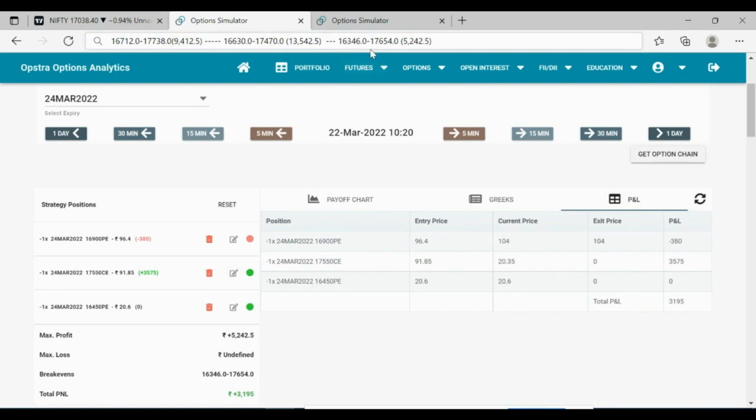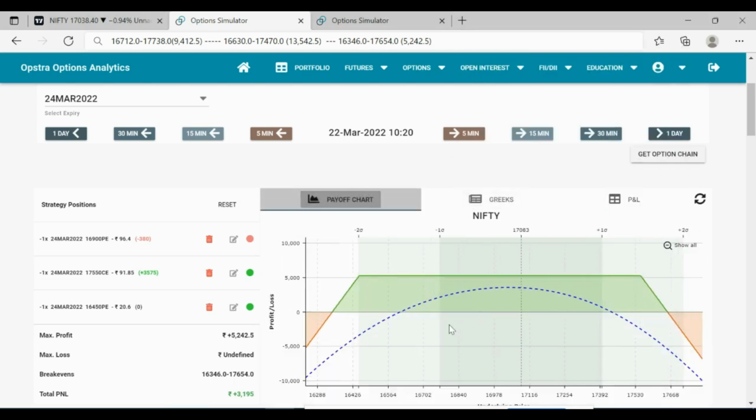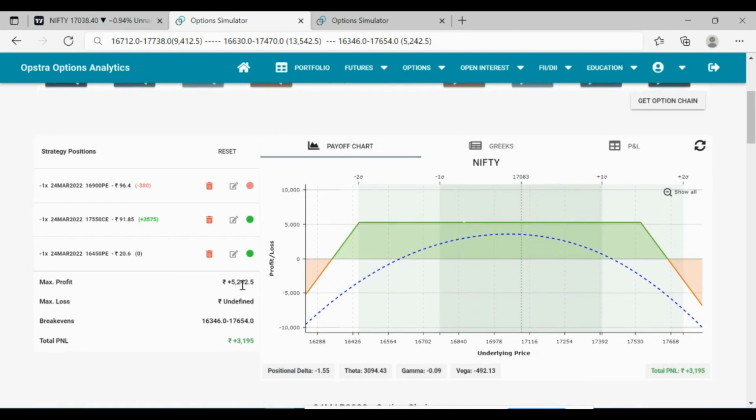But people who are very conservative and want to be very safe in the market, protecting both their downside and upside, can do the other way: book the loss-making PE, and then sell a new PE matching the premium of the call. Then you will get almost 1300. It's almost 650 points on the downside and 650 points on the upside. So that is your call.